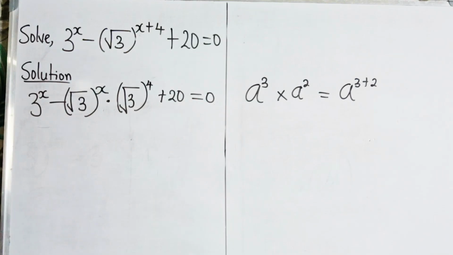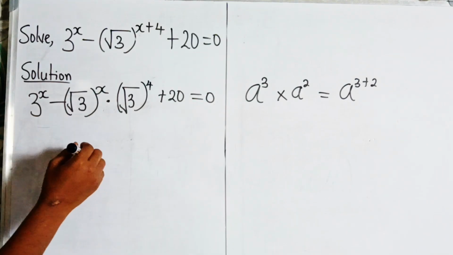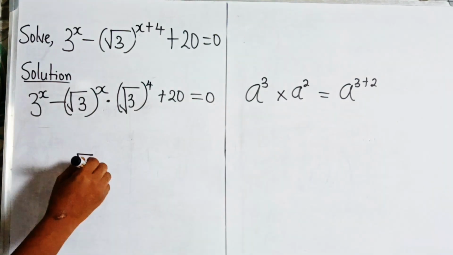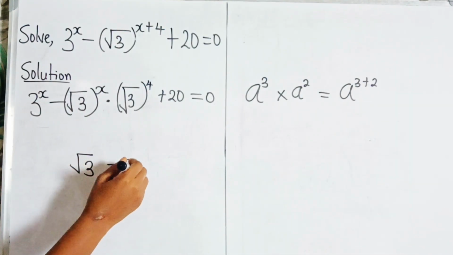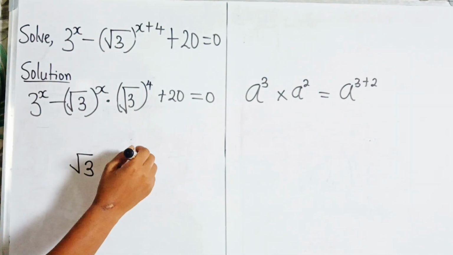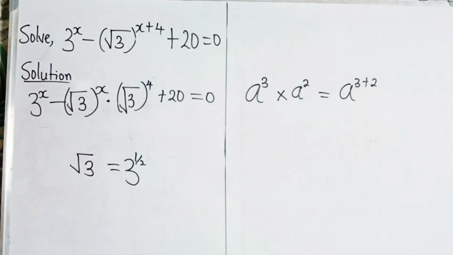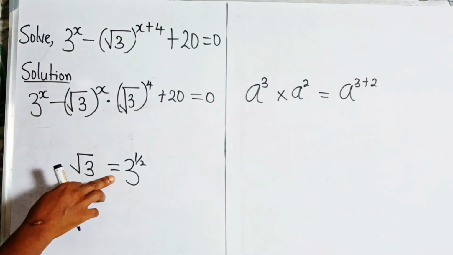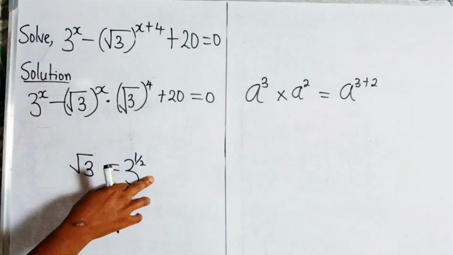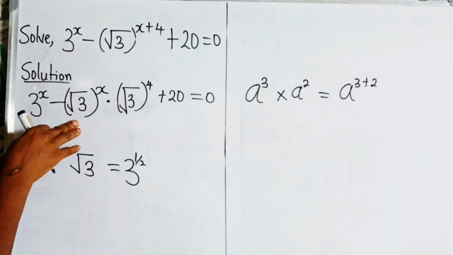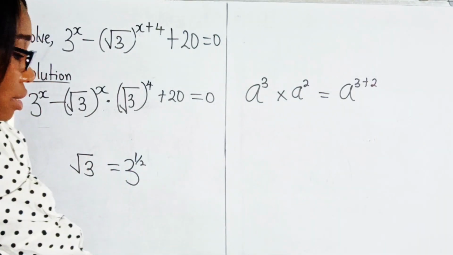Now, I want you to recall that when you have root 3, you can express root 3 as a base that has a power 1 over 2. So root 3 is the same thing as 3^(1/2). So this can be expressed like this.